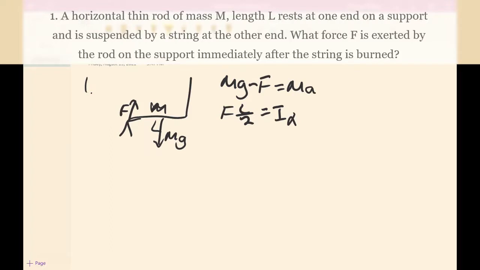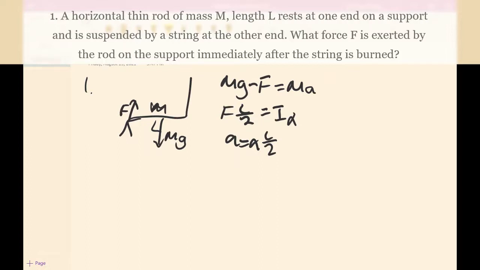We also know that a is equal to alpha times L over 2. This is just how angular acceleration is related to the acceleration. And because we're measuring the torque around the center of mass, it's L over 2 instead of L or something else.